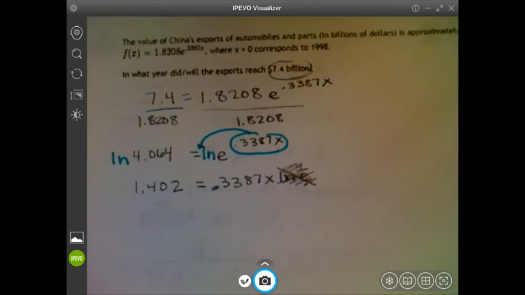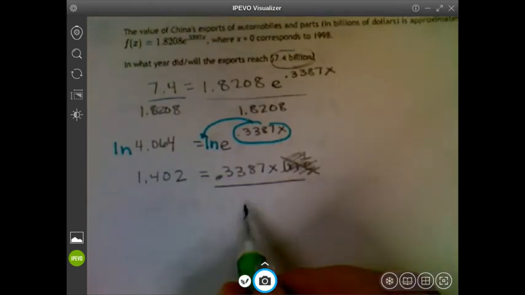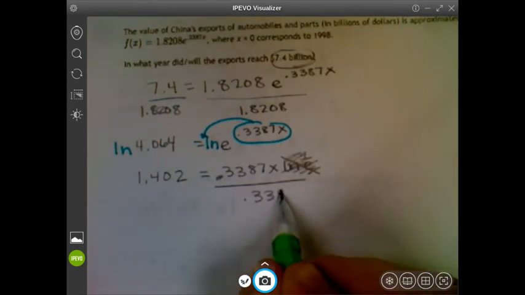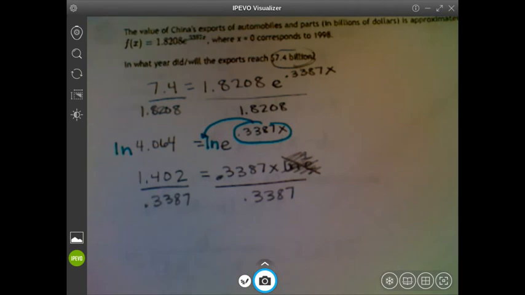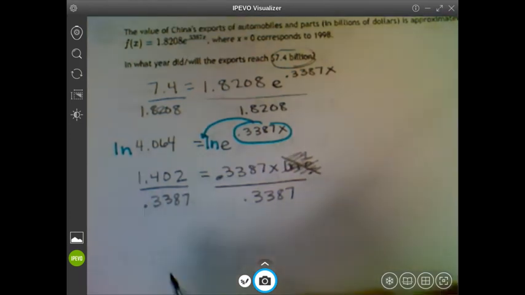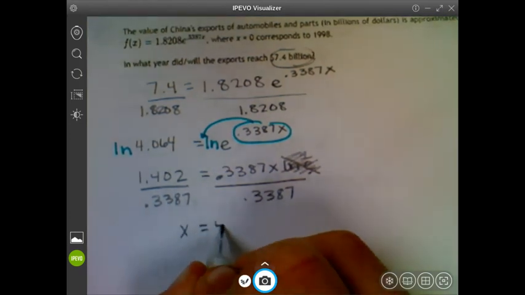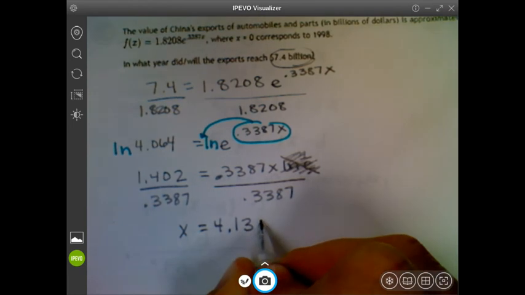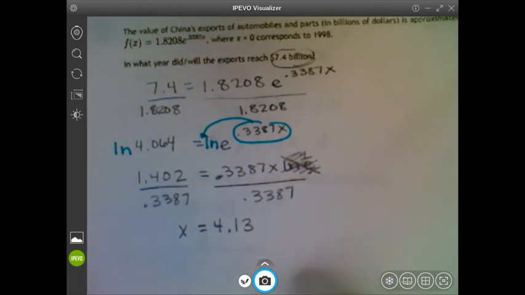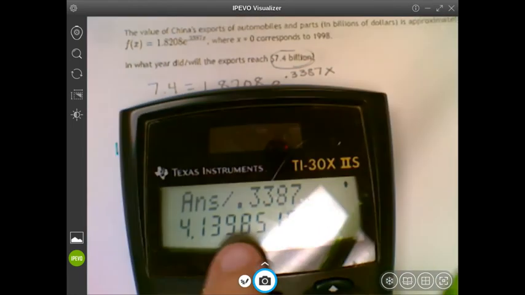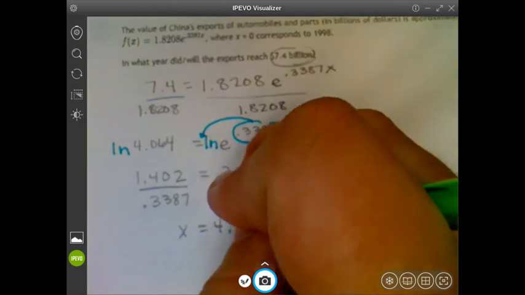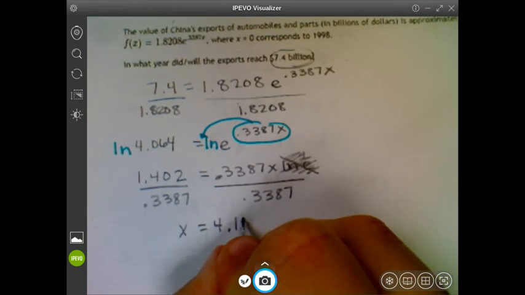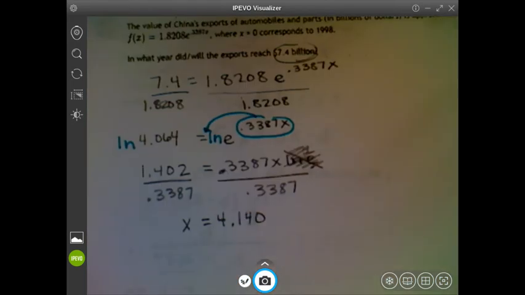All right, and last but not least, you can solve for x by doing one more division operation here, dividing by that 0.3387 decimal. So using your calculator, I have that x would be equal to 4.130, and it rounds. I have 0.1398, so that would round to a 40 at the end instead of 39. So 4.0, approximately there.